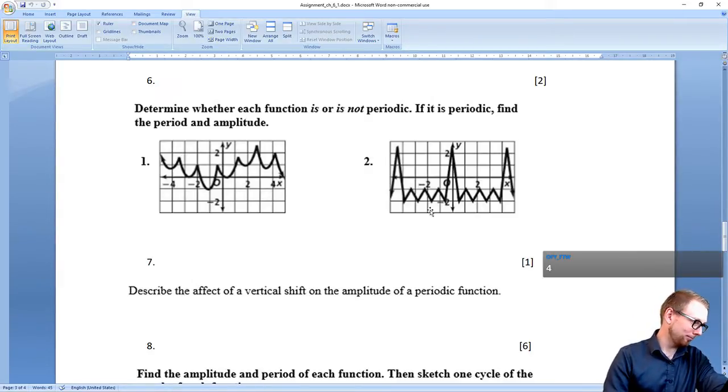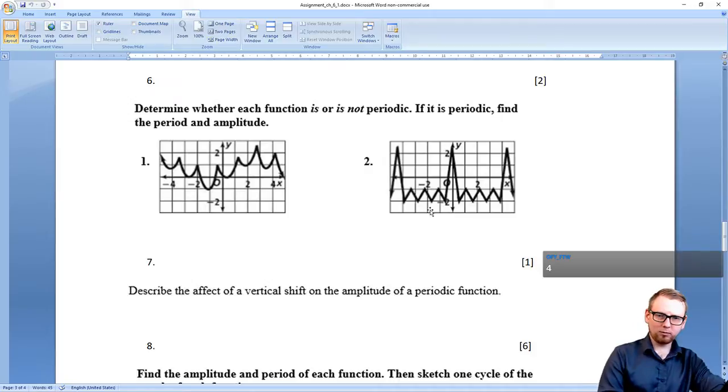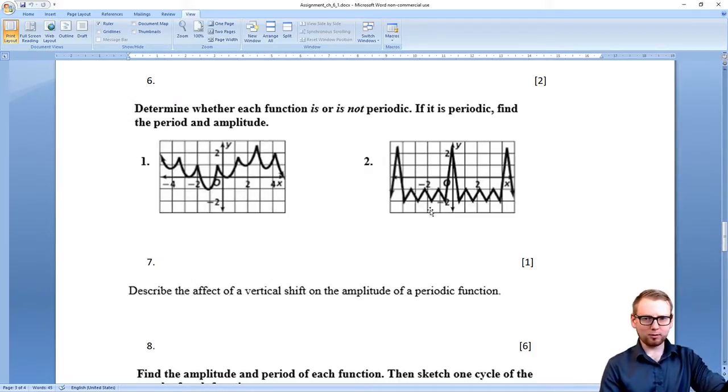From there to there? I don't know, I'd say it would be over 4. I don't think it looks very periodic at all to me.